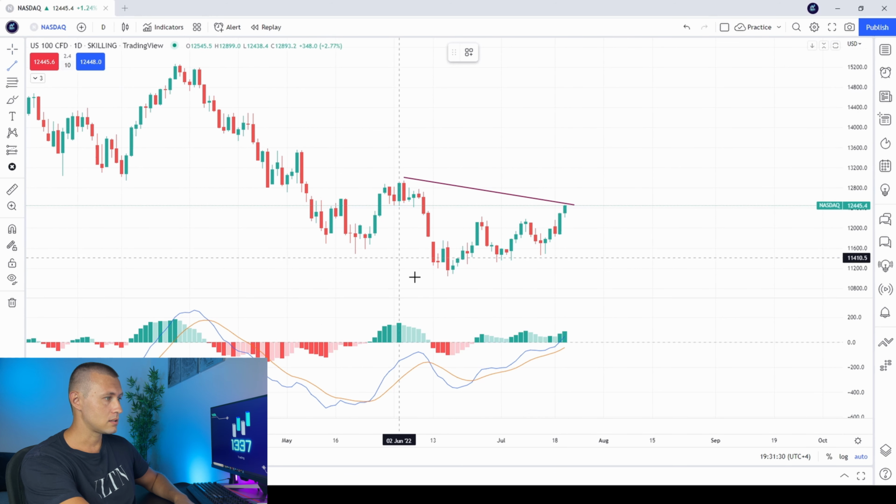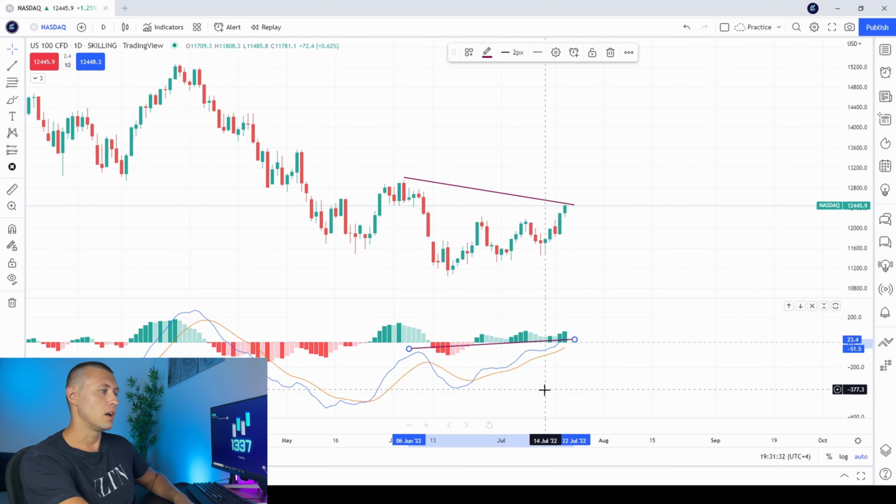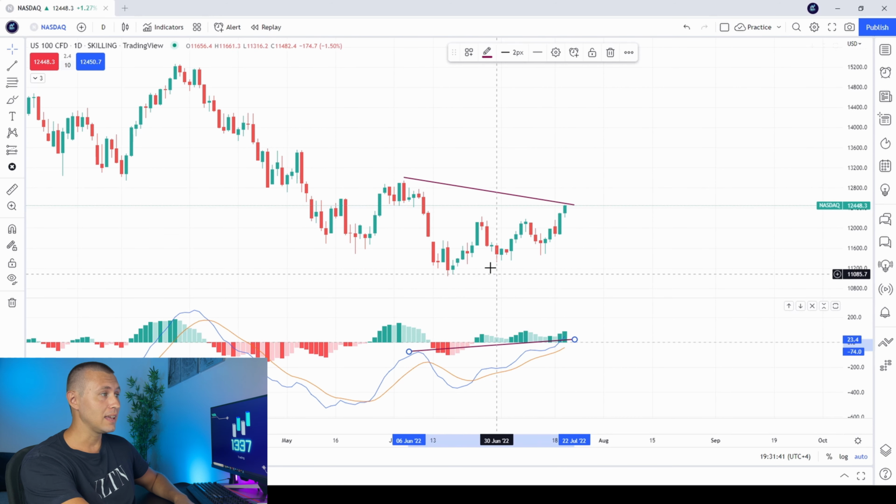So I'll take these lines over here. Boom. Okay, so you see how this wave is showing that it's higher than the previous one, when in reality it is lower. So they are diverging, all right? And this is a weakness in the current trend.